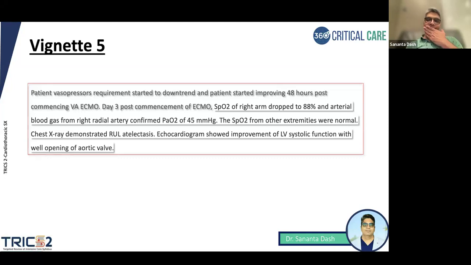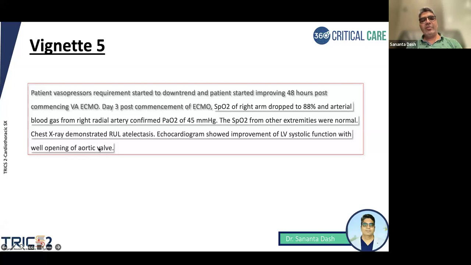Now, as somebody has told about this complication already, but suppose this comes as a single question that there is a scenario and you have these findings, no prelude to it, no previous history to it. In this case, the thing that you look for is the well opening aortic valve.